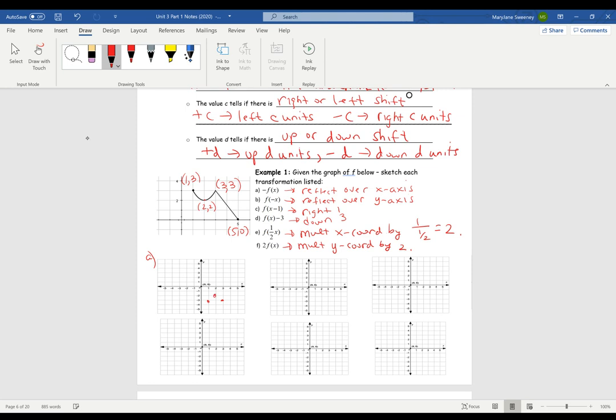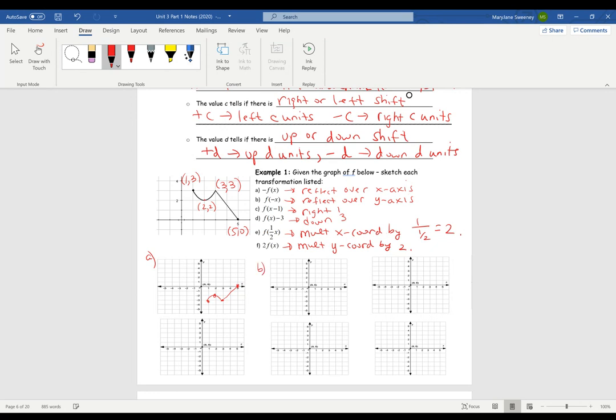And 5, 0 is going to stay at 5, 0, because if you negate 0, you're still at 0. So that is what it would look like if we reflected over the x-axis.